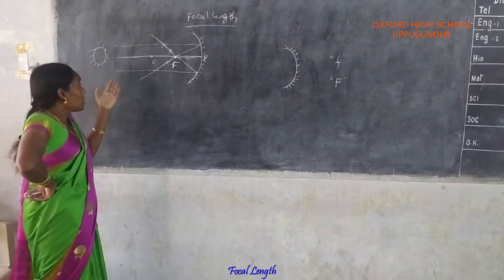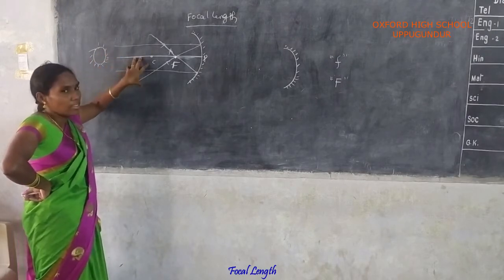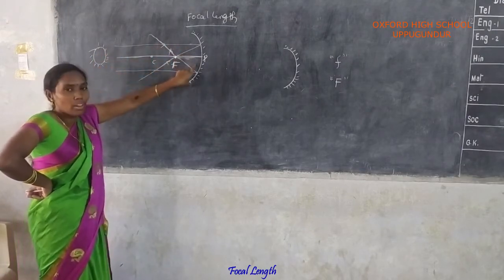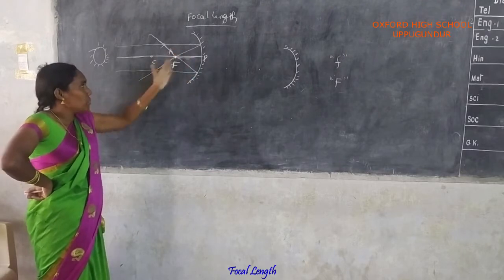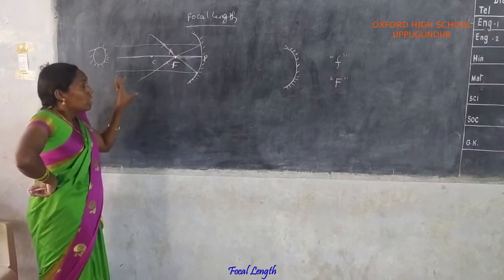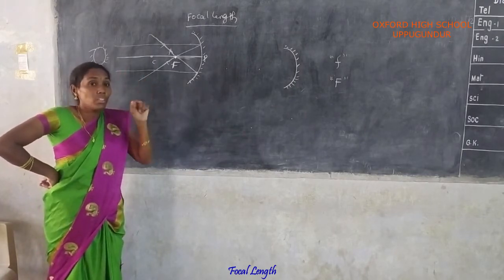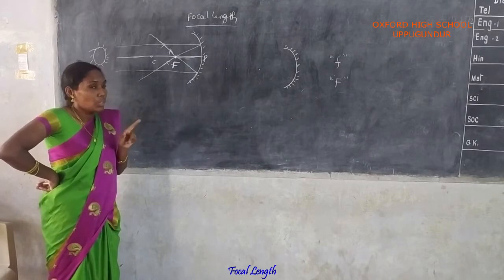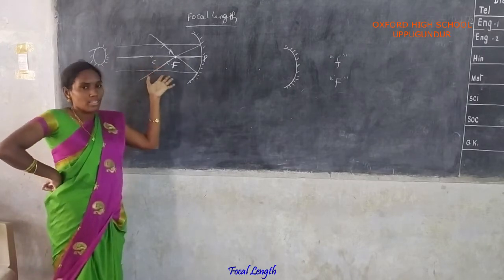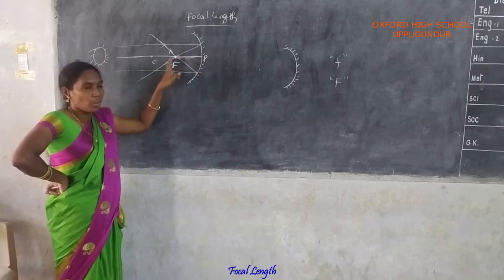After that, the rays coming from the sun, which are parallel to the principal axis, are incident on the concave mirror. After reflection, they pass through the focus. The point where the two reflected rays meet should be called the image. Next, find out the distance from pole to focus.